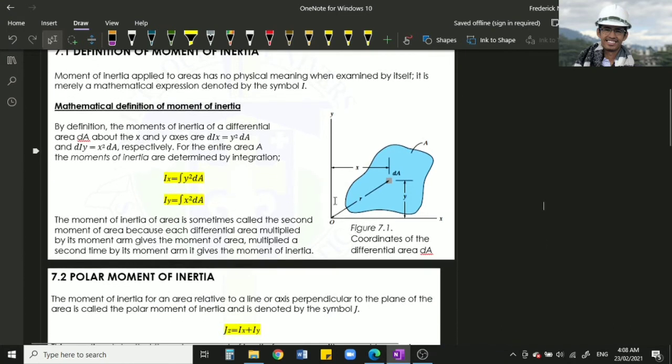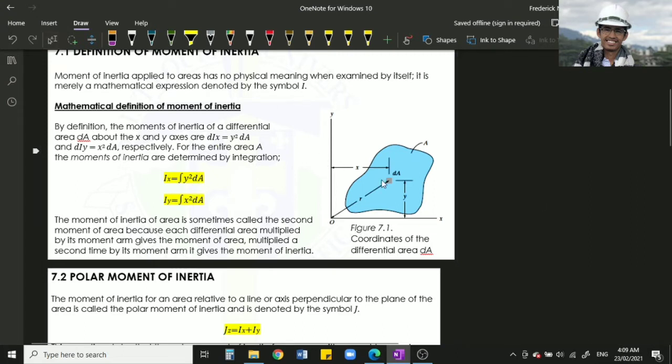So if we have a body of a material here and meron tayong differential area, by definition the moment of inertia of a differential area, dA, about the x and y axis is equal to the integral. So yung Ix natin will be the integral of y squared times dA.